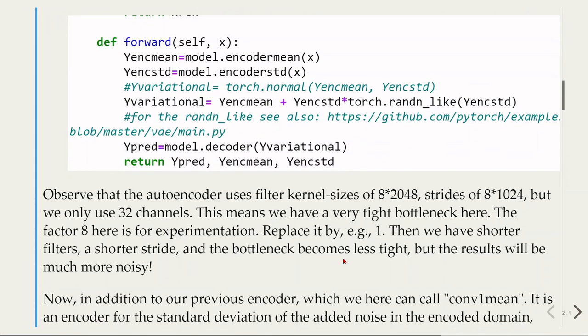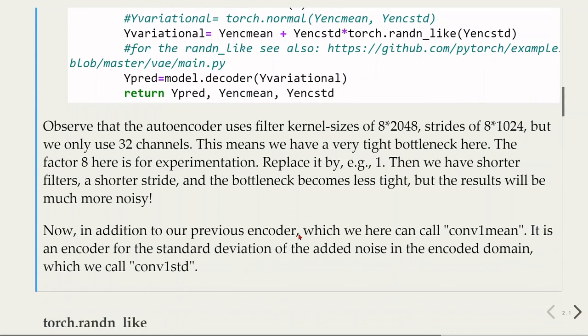Observe that the autoencoder uses filter kernel sizes of 8 times 2048 and strides of 8 times 1024, but we only use 32 channels, and this means that we have a very tight bottleneck here. The factor 8 here is just for experimentation, and you can replace it by 1, for example.